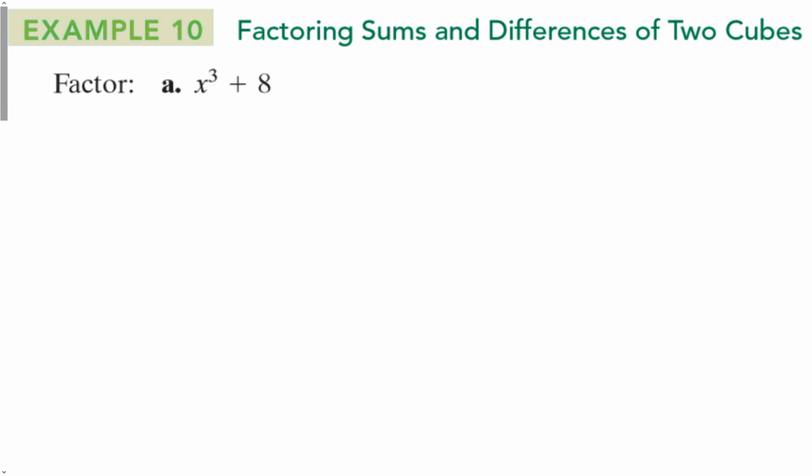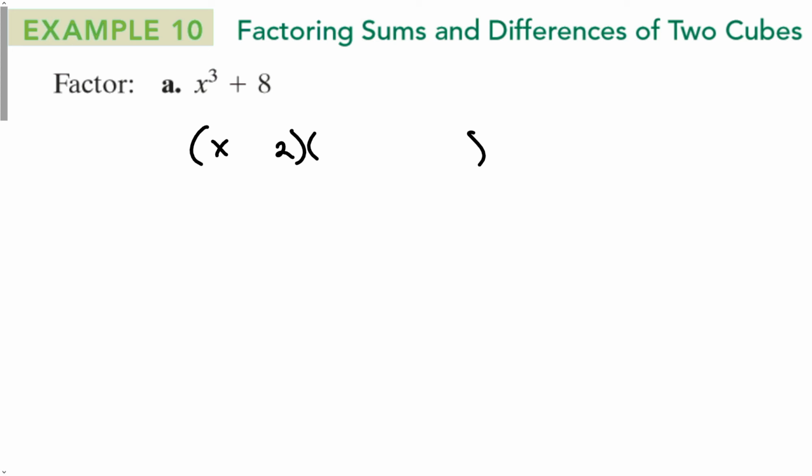To recognize this, you need to realize that both terms must be perfect cubes. X to the third is a perfect cube. It is x times x times x. 8 is a perfect cube. It is 2 times 2 times 2. We'll get to the signs in a second.